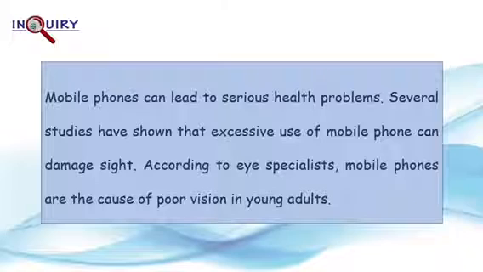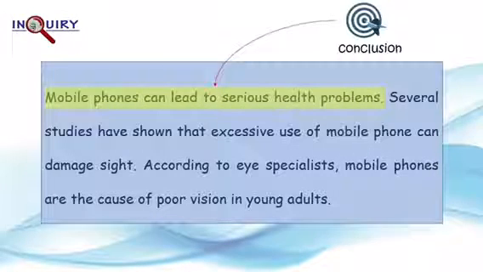Let's read this. Mobile phones can lead to serious health problems. Several studies have shown that excessive use of mobile phones can damage sight. According to eye specialists, mobile phones are the cause of poor vision in young adults. Now, what are the pieces of evidence the person has given?